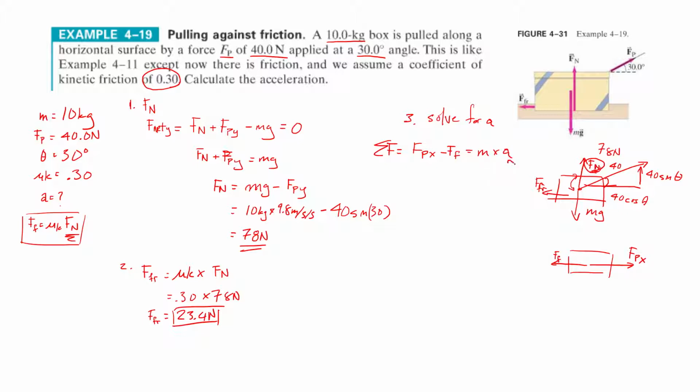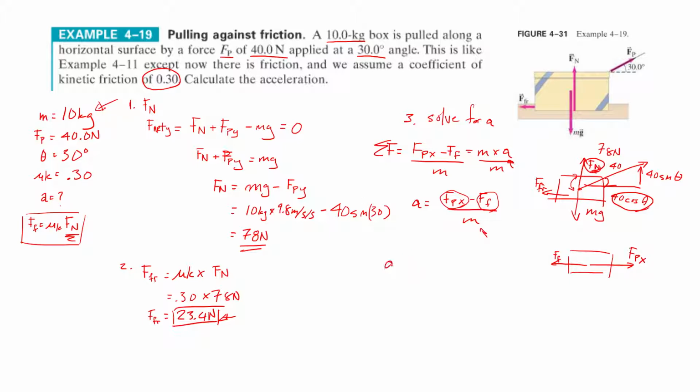To get acceleration by itself, let's divide both sides by m. That means that A is equal to FPX minus F of friction, divided by m. And we know what all of these things are. FPX is 40 cosine theta, F of friction is right here, and mass is 10 kilograms.